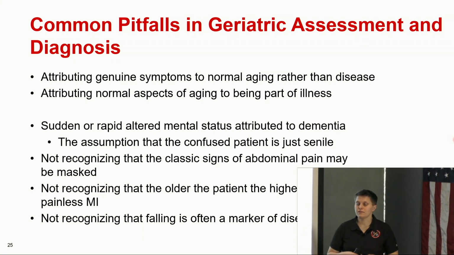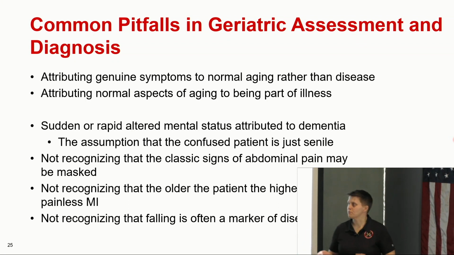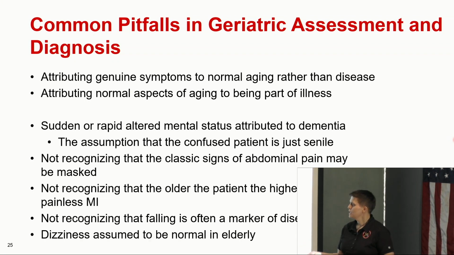It may have been that they fainted as a result of a seizure or an MI or an acute arrhythmia, those sorts of things. So there's often a medical component to falls, and it's important for us to tease that apart because you are the ones on scene with that immediate information, seeing how things are laid out and what really went down. And don't assume that when they're dizzy that that's normal.